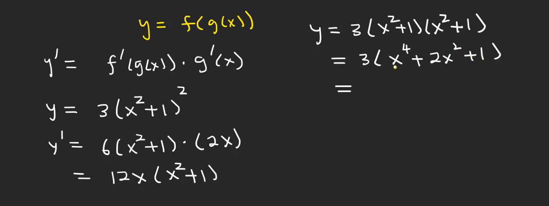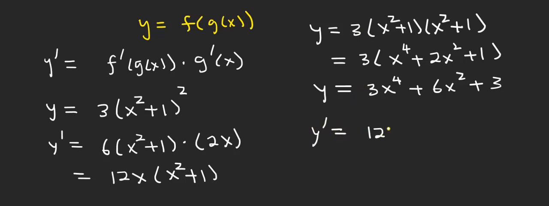And you distribute the 3, you get 3x to the 4th plus 6x squared plus 3. That is your y. Notice we didn't take the derivative yet. We just wrote it. Now we're going to take the derivative. You end up getting 12x cubed plus 12x and then plus 0. Notice when you distribute the 12x, you get the same thing.